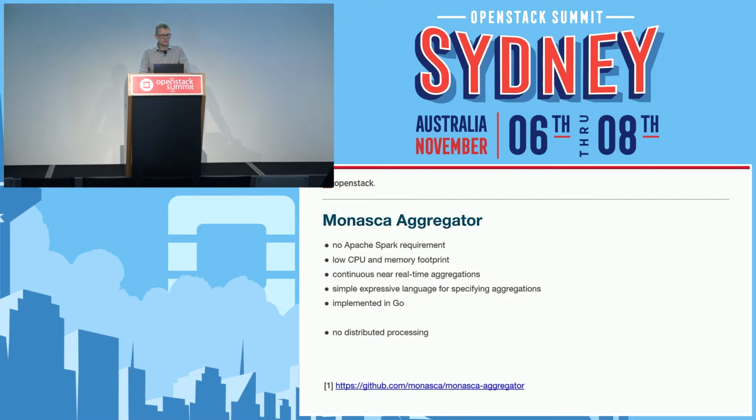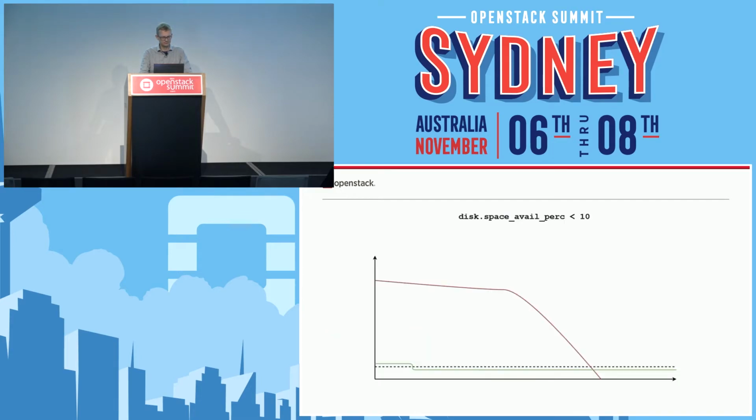It has a simple expressive language for defining the aggregations. It is implemented in Go. The downside compared to Monasca Transform is the computation is not performed in a distributed way as it is in the case of Apache Spark and Monasca Transform.